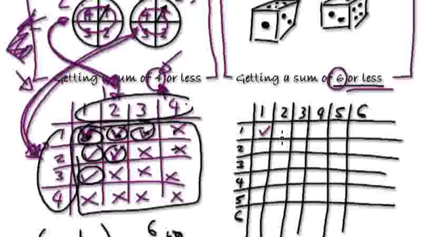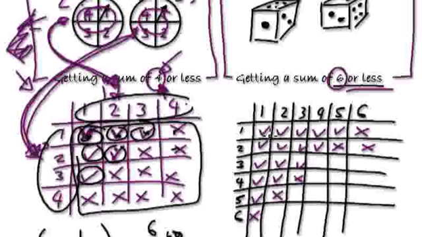Okay, so this is good. This is good. This is good. This is good. This will be good. Now 6 and a 1, that's 7. So that's higher than 6 or less. So this one here would be good. Good. Good. This is 6 here, so this is bad. This is bad. 1 and a 3, that's good. Good. Good. Good. Good. Bad. Good. Bad. 6 and a 1, that's 7, so that's bad.